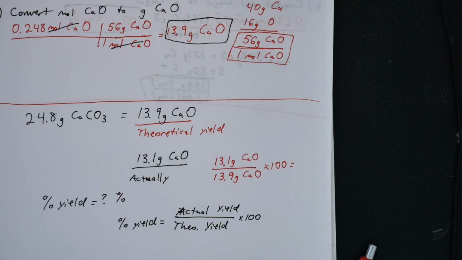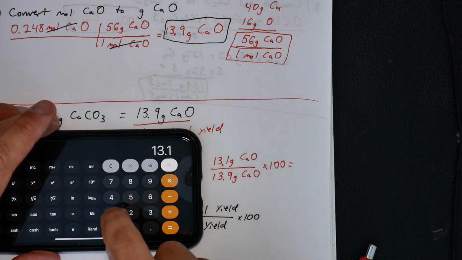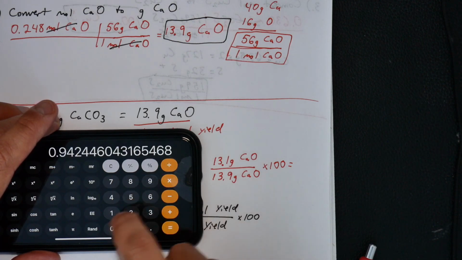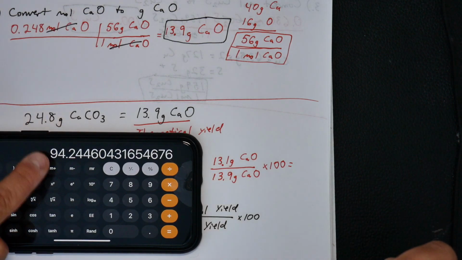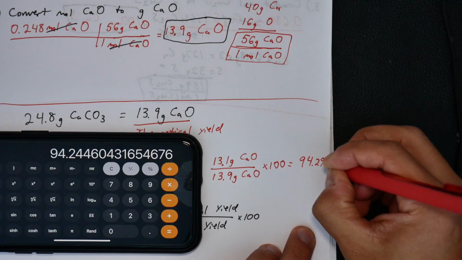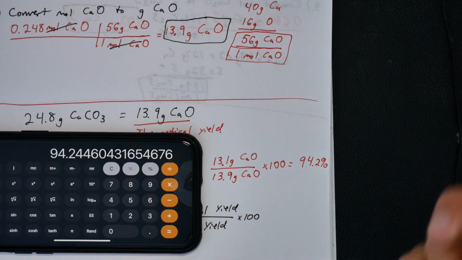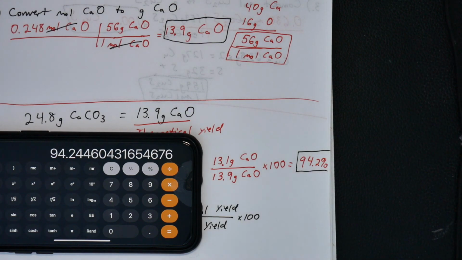So I'll show the calculation here. Okay, so 13.1 divided by 13.9, and then times 100. And just to round to three significant figures, we get 94.2%. Okay, that is our percent yield. So we did not make 100% of what we should have, but 94.2% is pretty good, right?